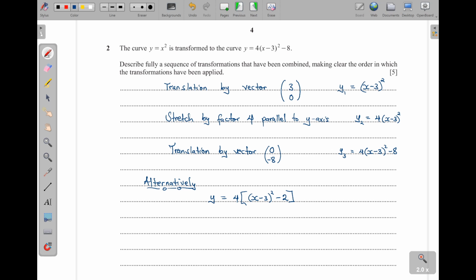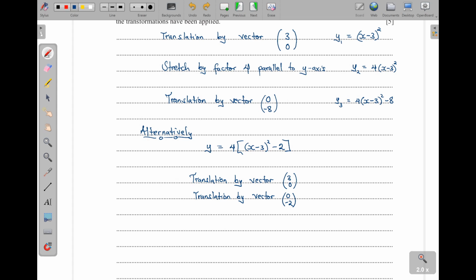That means I can begin by saying translation by vector (3, 0). Then the next one will be translation by vector (0, -2). Now you do this one here, and then lastly you stretch.